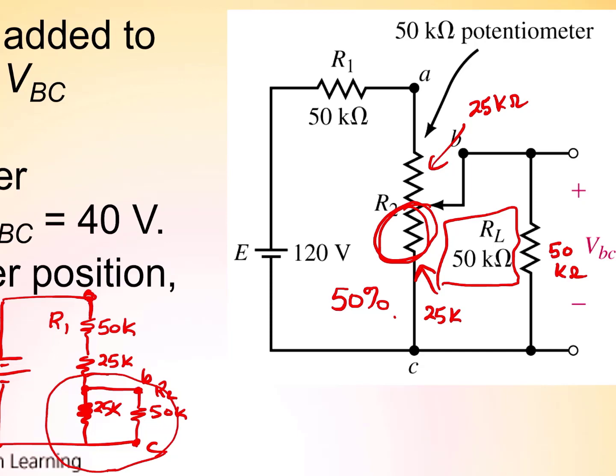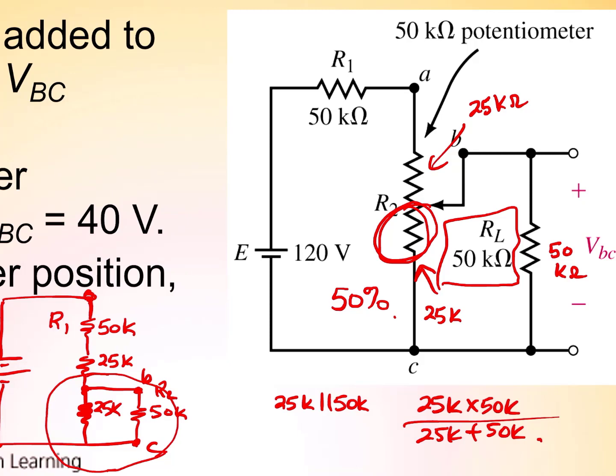So this would be 25k in parallel with 50k, which we can use product over sum. So that would be 25k times 50k over 25k plus 50k, and that would give you a result of R equivalent.